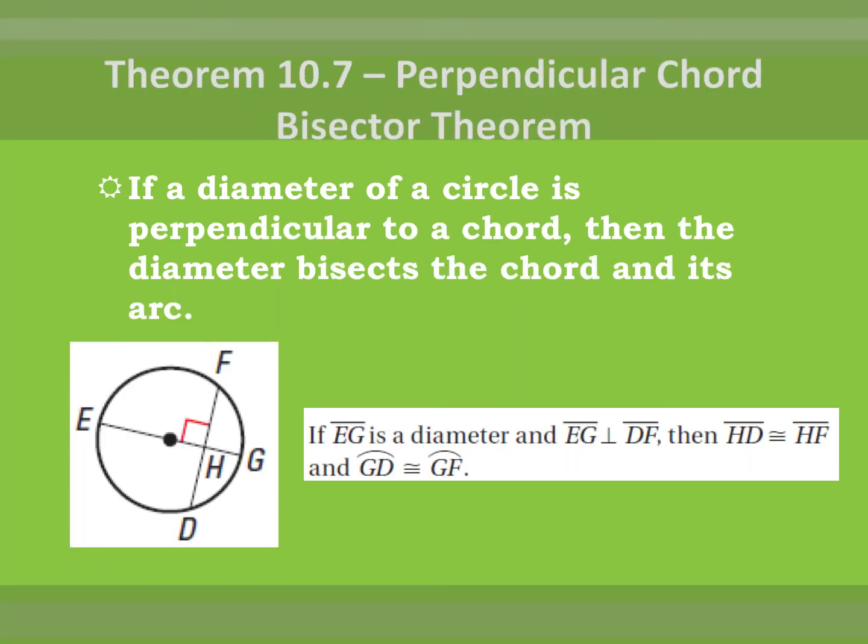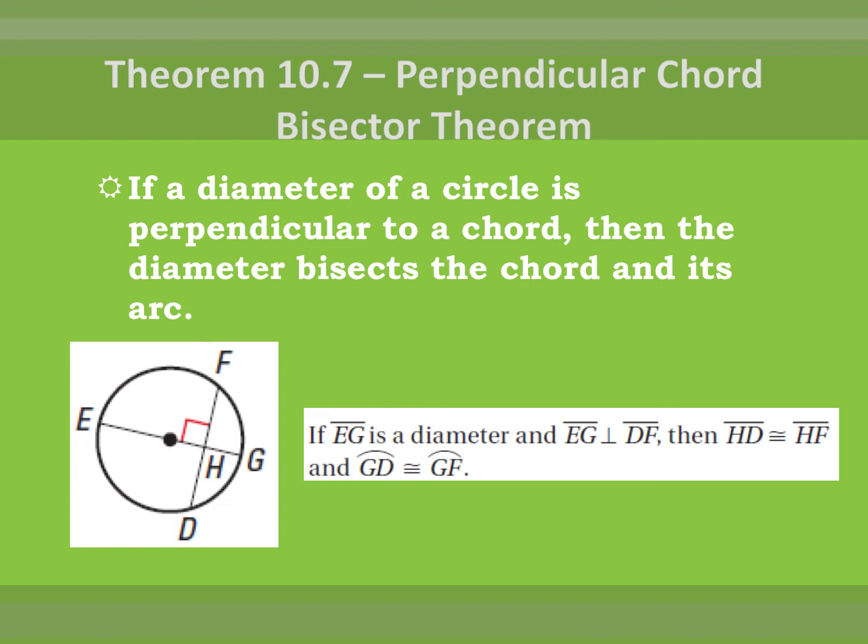The next theorem is called the perpendicular chord bisector theorem. And this one states if a diameter of a circle is perpendicular to a chord, then the diameter bisects the chord and its arc.